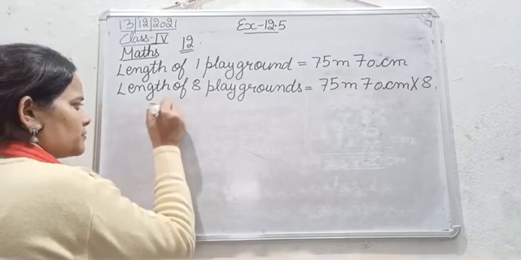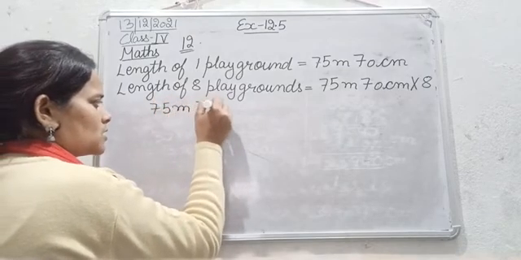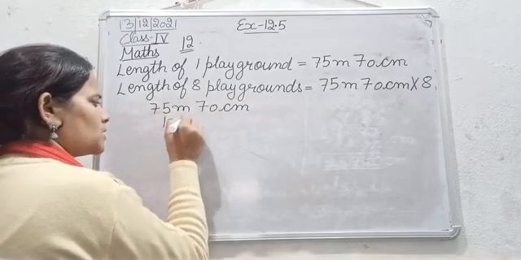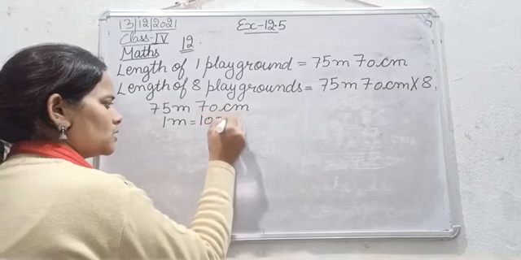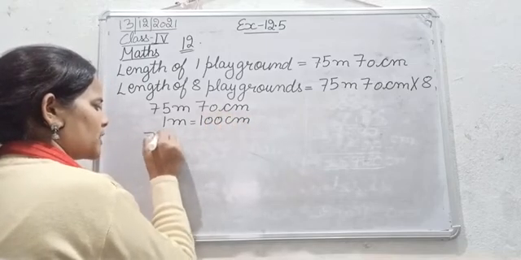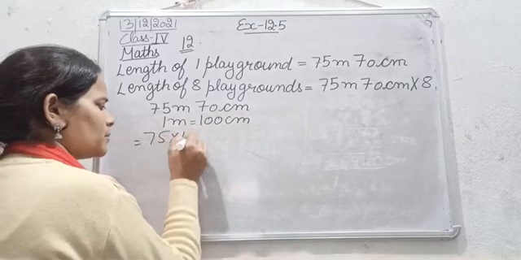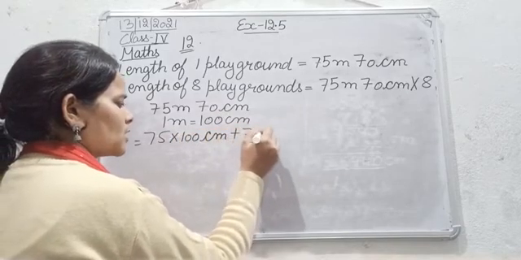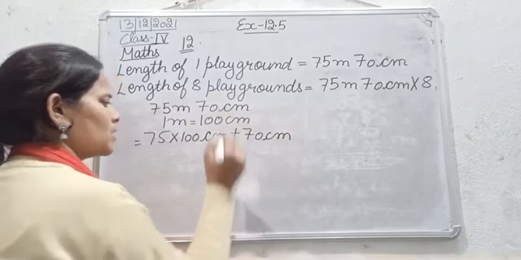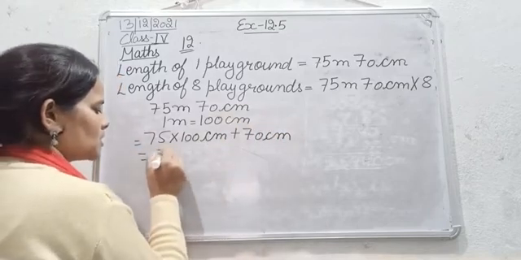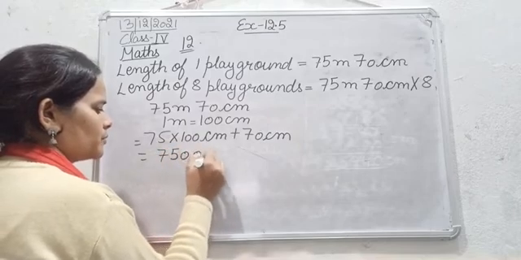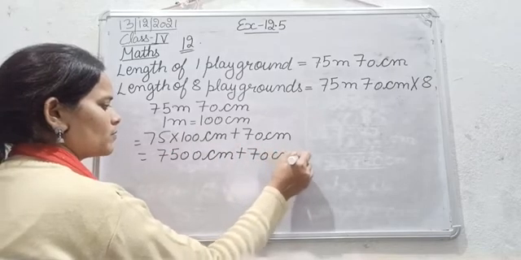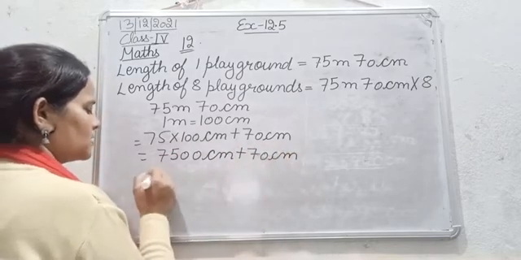This is 75 meter 70 centimeter. 1 meter is equal to 100 centimeter. So 75 meter will be converted into centimeter by multiplying with 100, plus 70 centimeter. This is 7500 centimeter plus 70 centimeter.